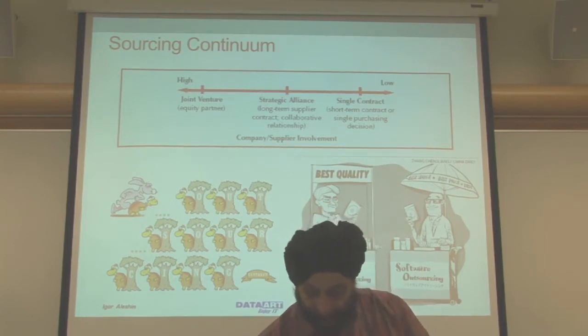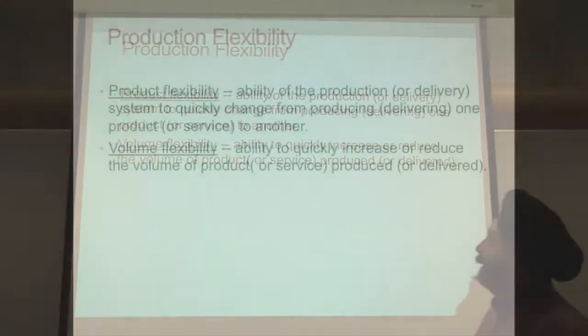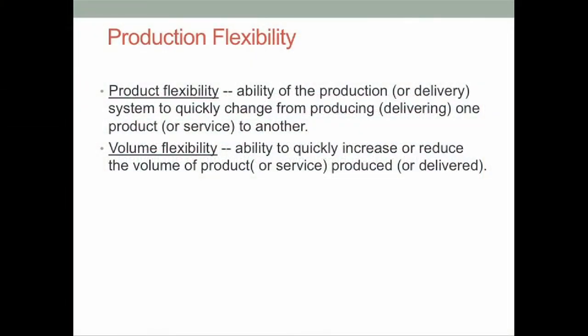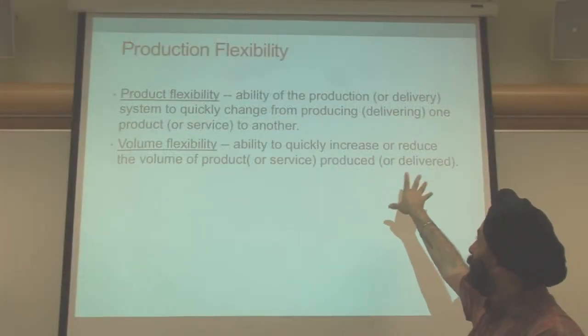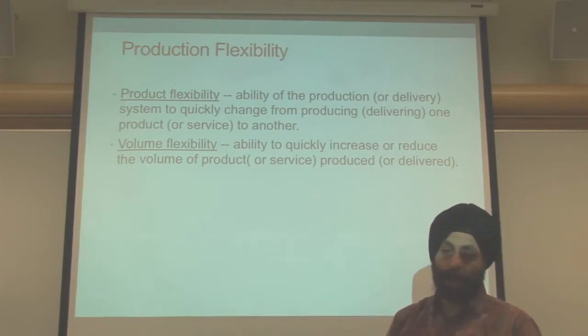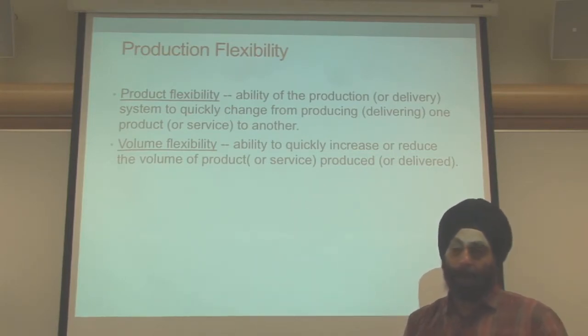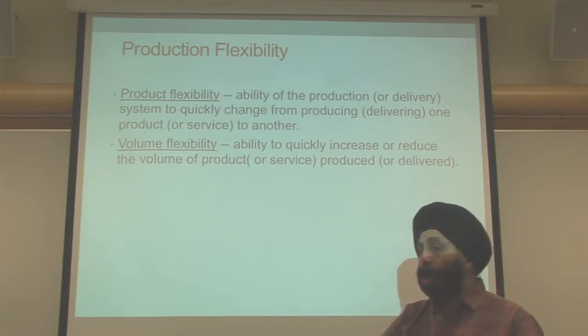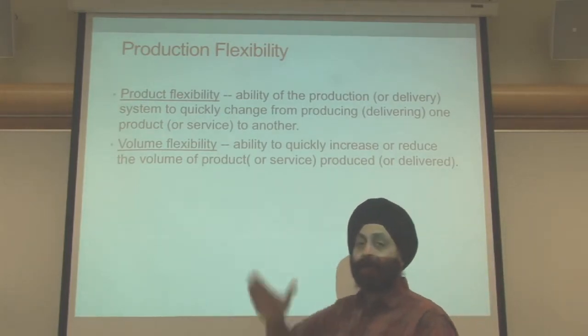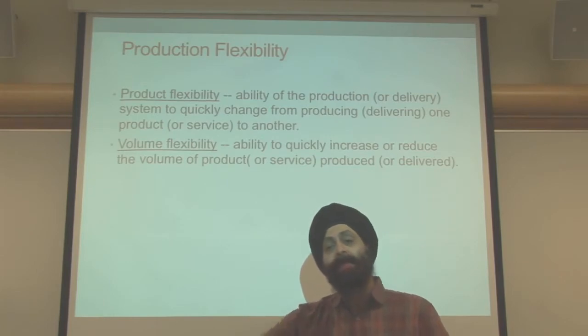Next, we'll address the issue of production flexibility, which is product flexibility: the ability of a production or delivery system to quickly change from producing one product to another. So how quickly can a company switch from making one type of product to another, or volume flexibility. That is how they can increase or decrease their production quantity.